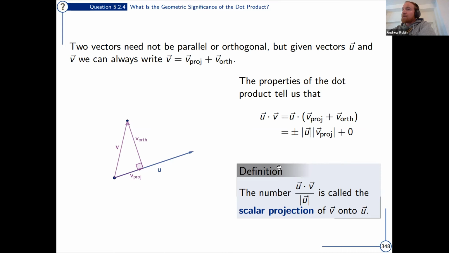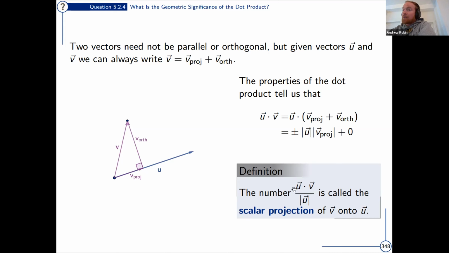Now, how do we possibly compute vproj and vorth? That's a more delicate matter, but for now, I want to point out the following value, which is called the scalar projection of v onto u. So if I take the vector v and I project it onto u to get this vector vproj pointing in the same direction, I want to know at least what the length of this is, because then I can scale u down to get this vector vproj.